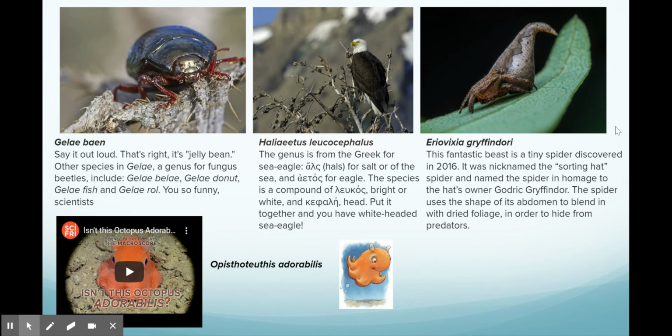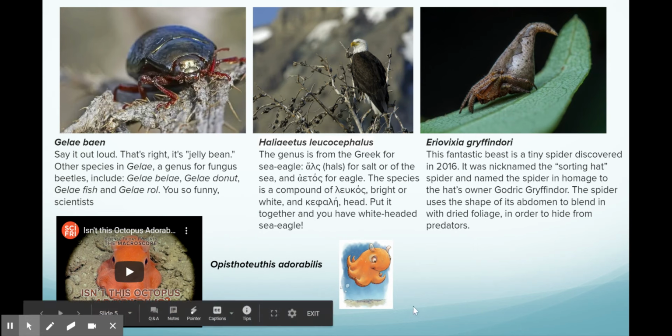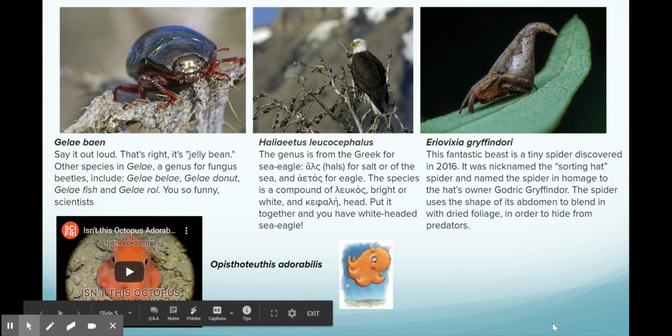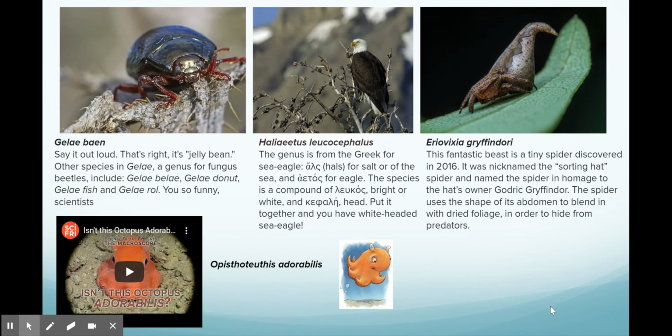Sometimes scientists use inspiration from what they look like and pop culture. So this one here, Eriovixia gryffindorii, is named after the sorting hat from Harry Potter. And one of my favorites, Opisthoteuthis, although not easy to say, adorabilis, is this cute little octopus, whose name is still under review, but I think it's very fitting for that cute little guy.